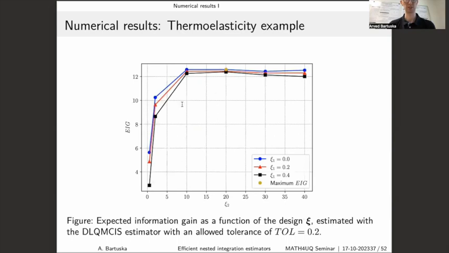Okay, and this is what the optimal design looks like. Basically, the question we asked is, first of all, where do we put the sensors? And second of all, how long do we let the experiment run? Here we can see different sensor placements. The best one is where the sensors are close to the circular exclusion, as one would expect, but there's not much of a difference.